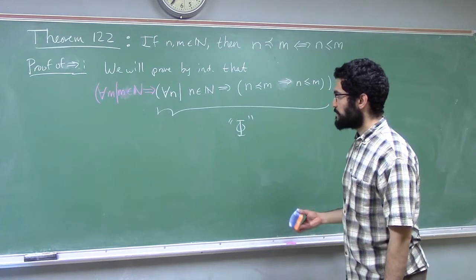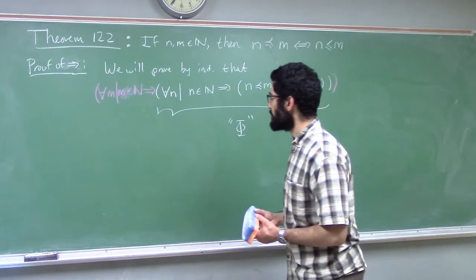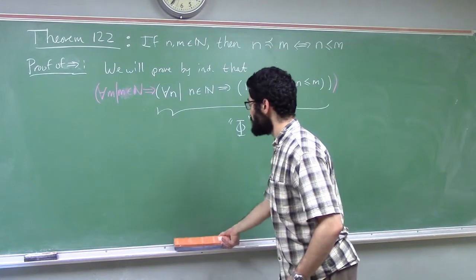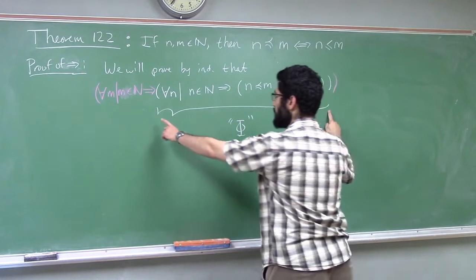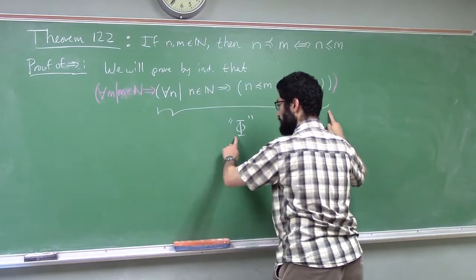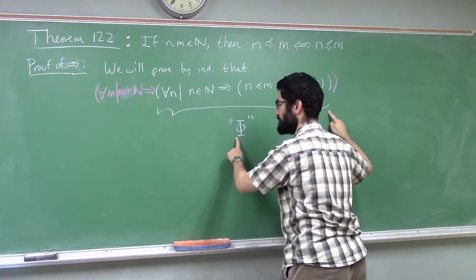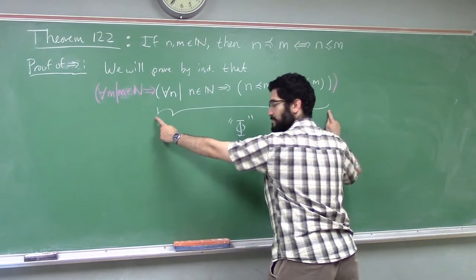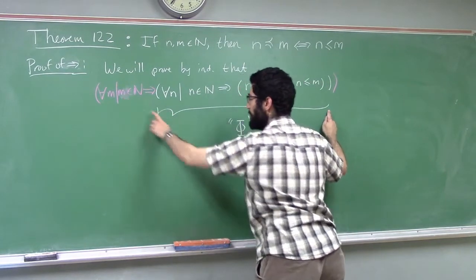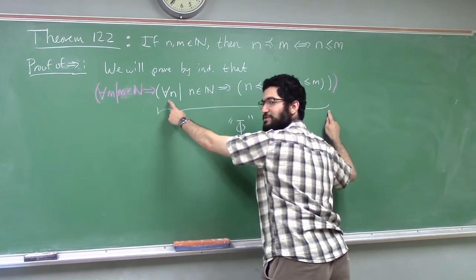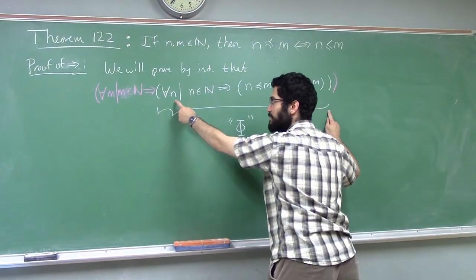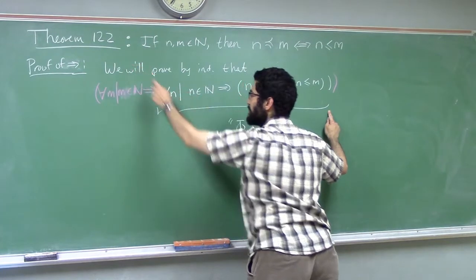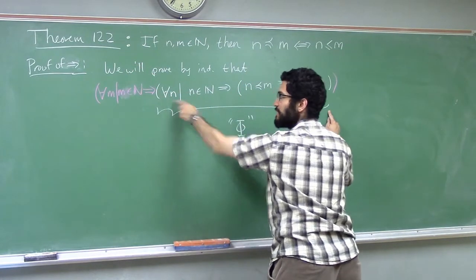Okay, so you see how this is a little bit different from our previous inductions where two variables are involved, because the phi portion, the thing that we're trying to prove holds for all m, itself has a universal quantifier for all n, where previously we've fixed n outside, and then we haven't had this extra quantifier here.